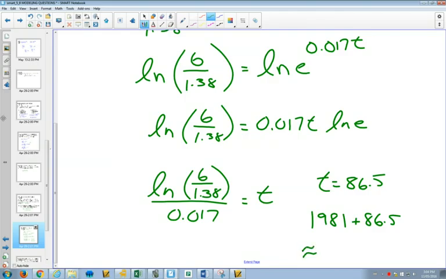So in approximately the year 2067.5 is when the population of Vancouver, if it continued to grow at this rate, would reach 6 million.